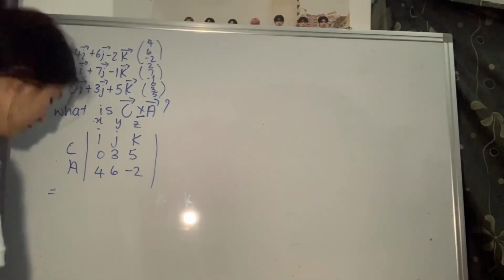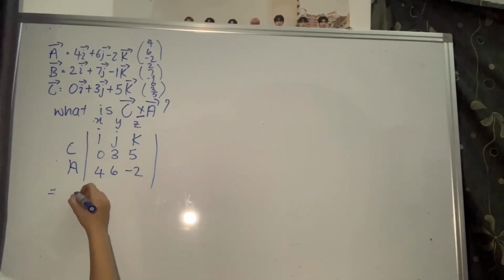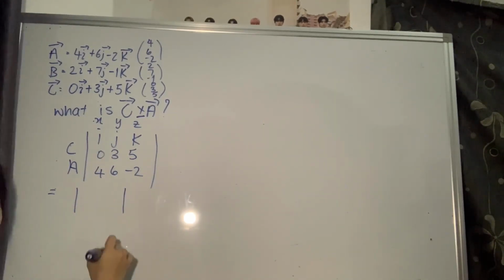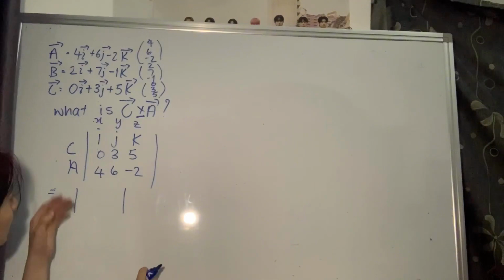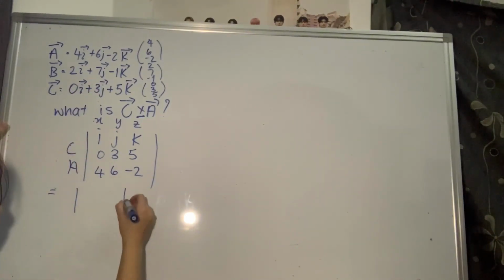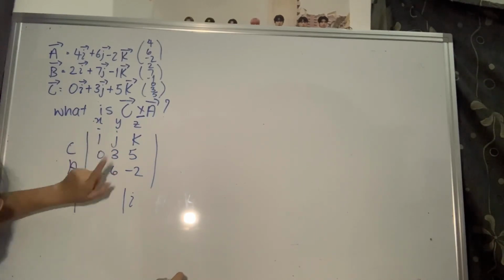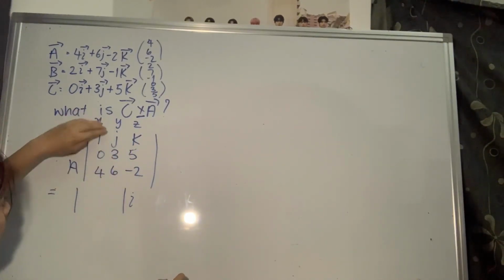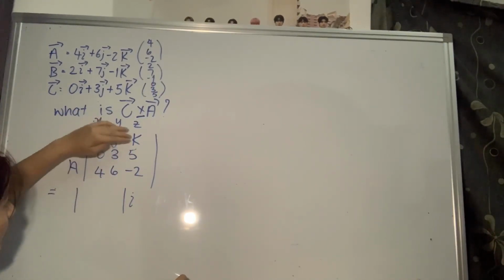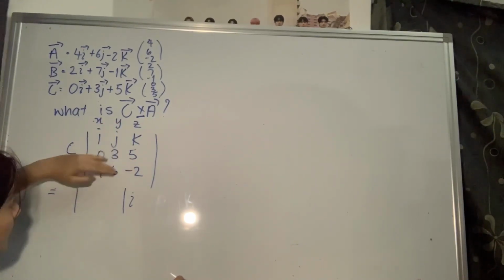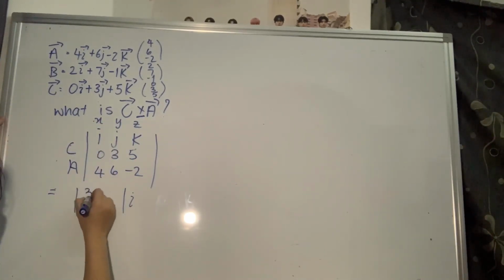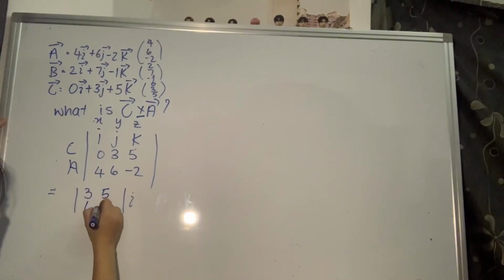We draw a smaller two lines, and when we plot I, we disregard the whole I part and we only take J and K. Those coordinates are 3, 5, 6, and minus 2.